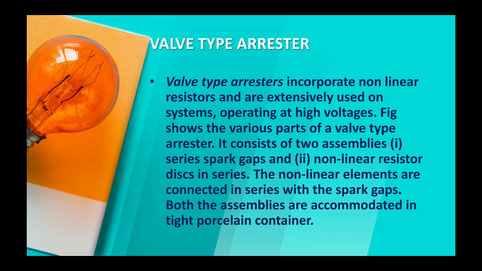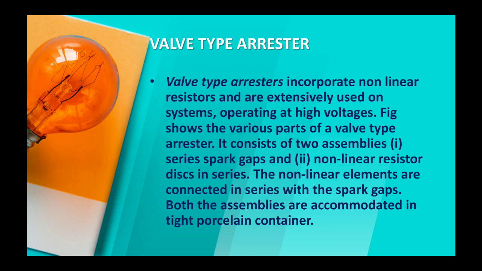So in the valve type arrestor, some non-linear resistance is used, and it can operate at a very high voltage. The figure in the next slide shows the various parts of the valve type arrester. It consists of two assemblies.